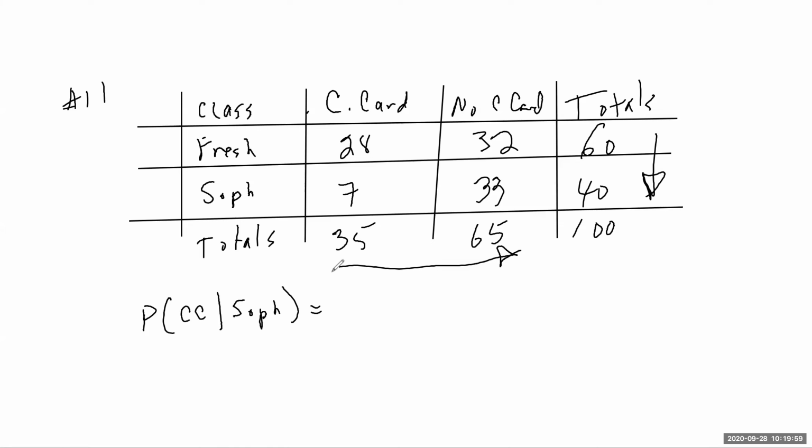And we know from our formula of conditional probability that this is the probability of being both a sophomore and having a credit card divided by the probability of being a sophomore. And it matters what's in the bottom. This order here matters. If you do it the opposite way, you're going to get a completely different answer. So it's very important to be careful.